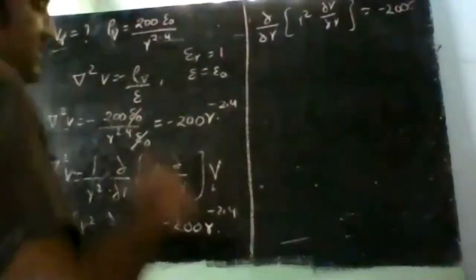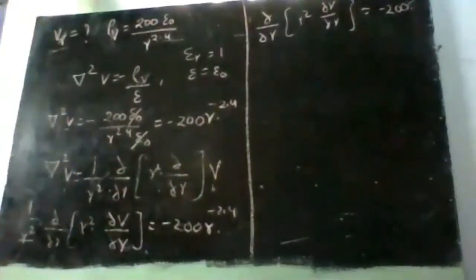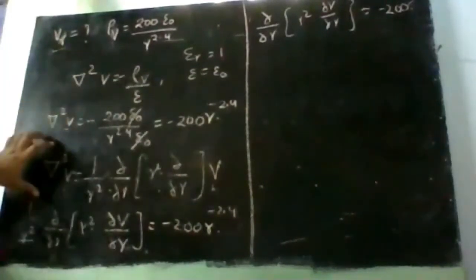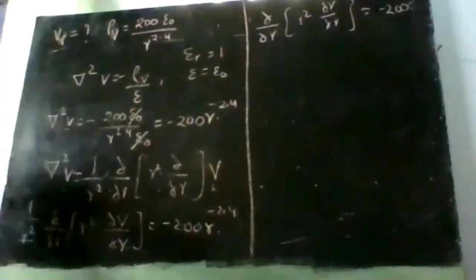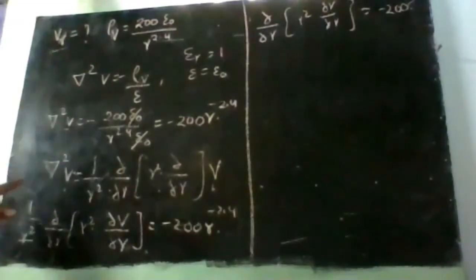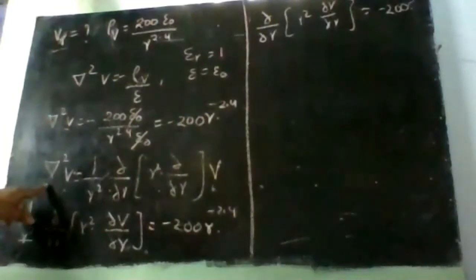These are the steps we have to remember. First we take the Laplace or Poisson equation. Then we have to choose the coordinate system and write down the del value of the appropriate coordinate system.